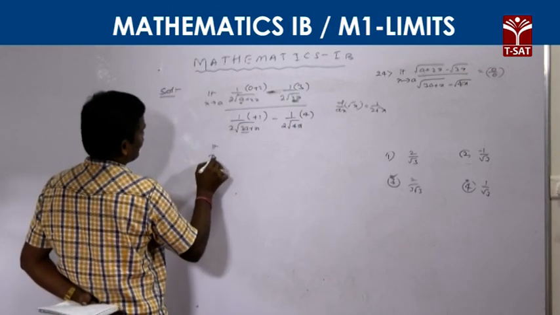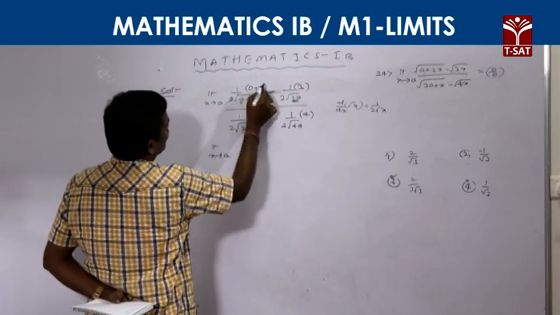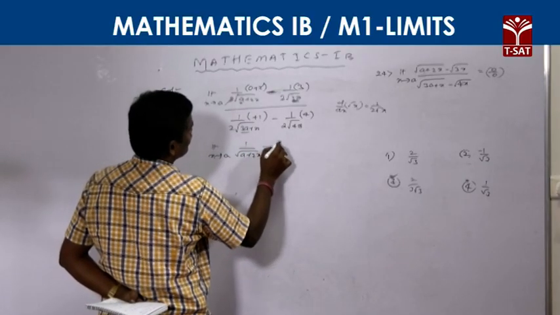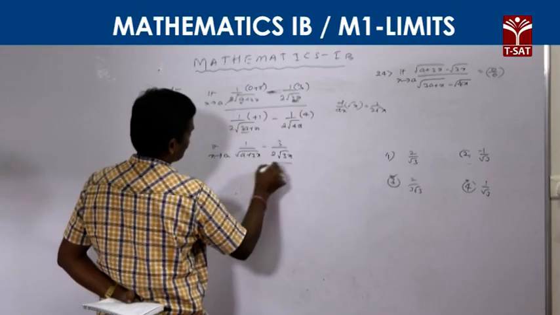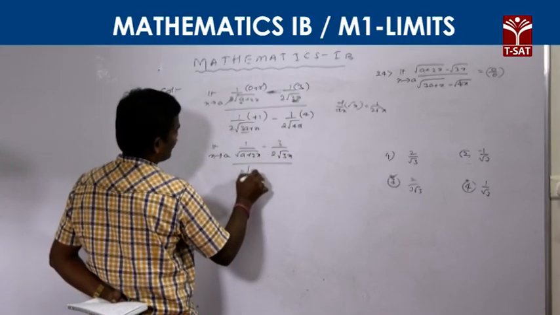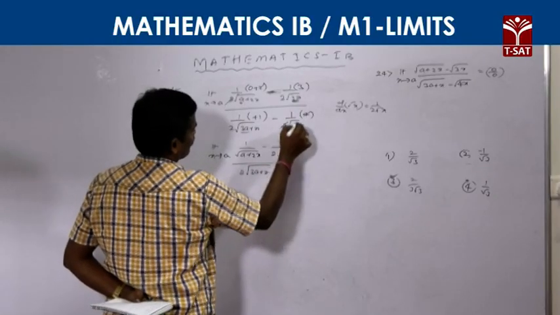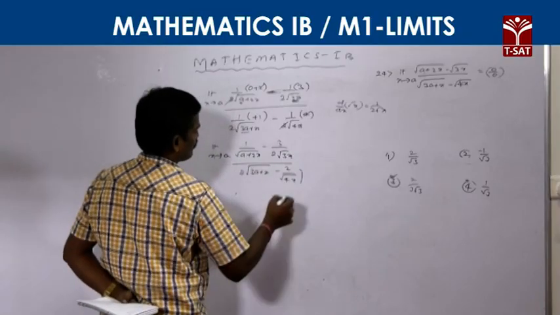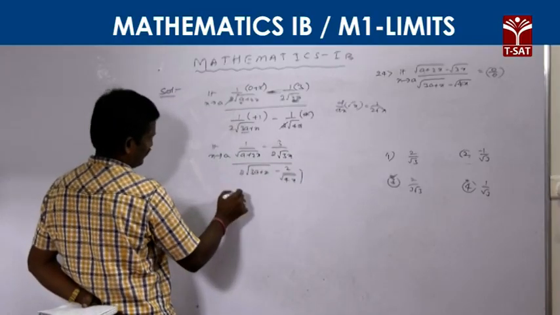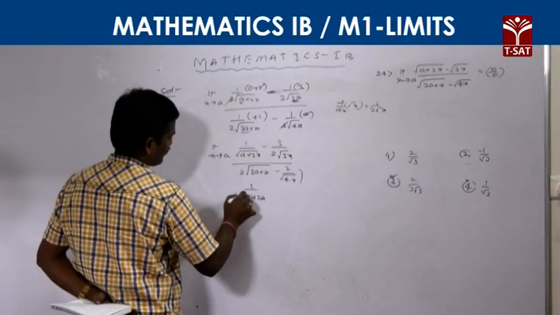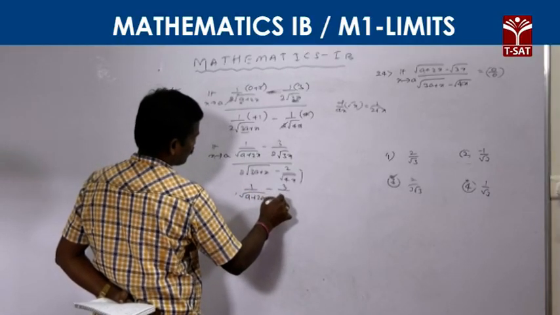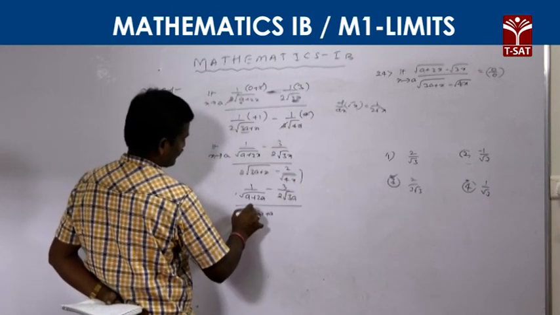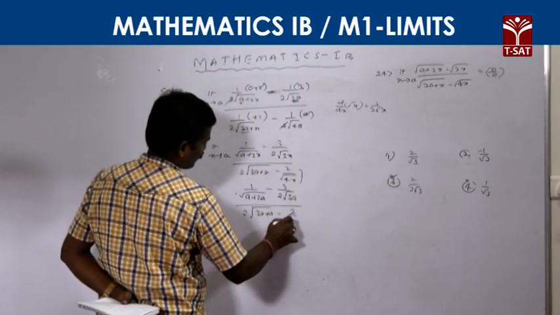Next simplify this. Limit x tends to a, 2 cancels: 1 by root a plus 2x, minus 3 by 2 root 3x, by 2 root 3a plus x, minus 2 by 4x under root. So substitute the limit x tends to a. So 1 by root a plus 2a, minus 3 by 2 root 3a, by 2 root 3a plus a, minus 2 by 4 root a.